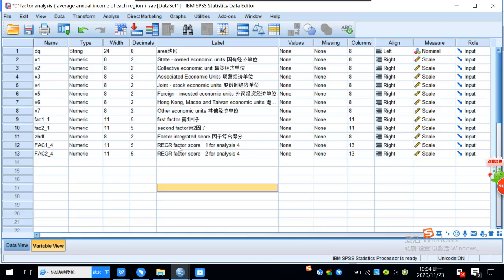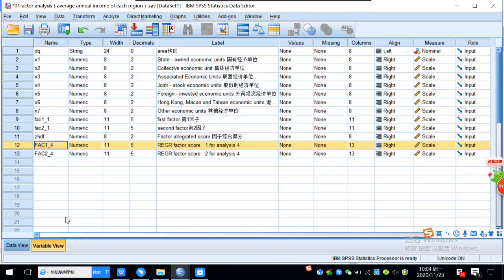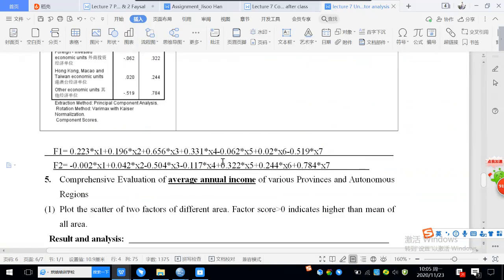Okay, so here is factor 1, here is factor 2. Okay. Now, we complete the F1 and F2.